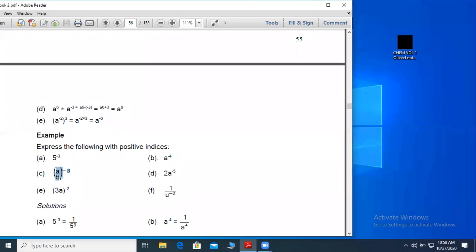This one becomes A over B to power 3, and the whole thing will be divided by 1. So it will be 1 out of A over B to power 3.